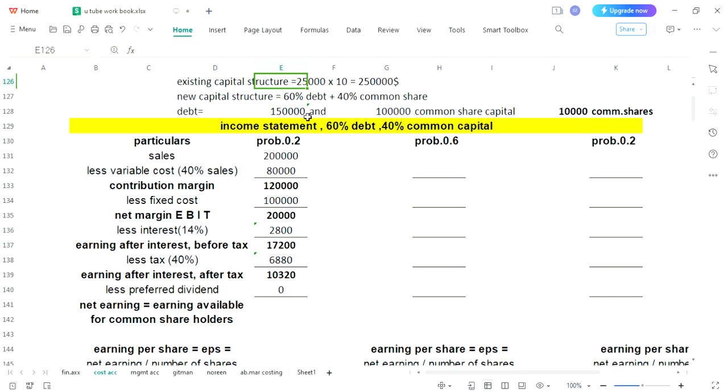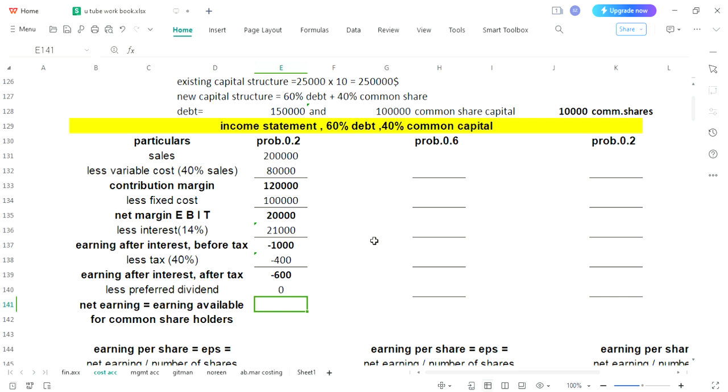Look, debt was 150,000, and we need to calculate 14% upon 150,000. So guys, we have our earning after interest and tax that is, surprisingly, in a minus stage. You can see that here you have got minus.